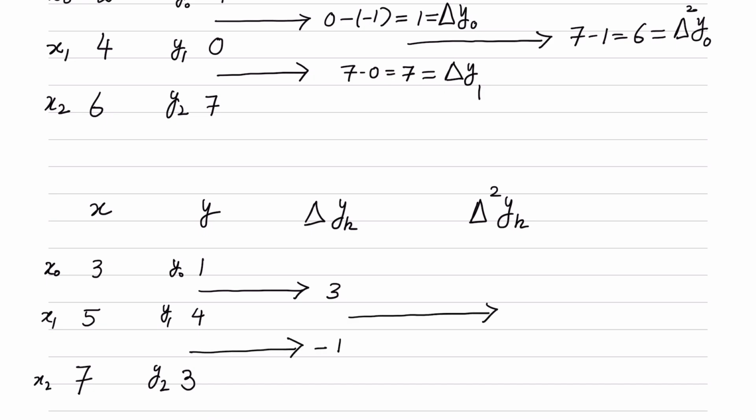Minus 1 minus 3, minus 4. And just name the values. It's the forward yk column, so the first value is forward y0. Next is forward y1. The fourth column is forward square yk. The first value is forward square y0. So that's how we construct the forward difference table.